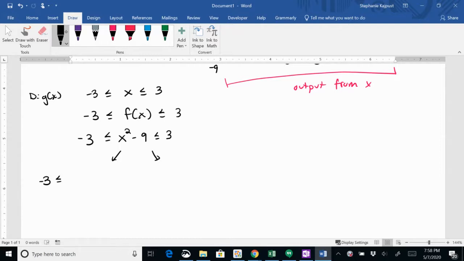You can think of this as this, and then your x squared minus 9 needs to be less than or equal to 3. So it's like you have two separate things that you're solving here. So where is our x squared minus 9 greater than or equal to negative 3, and where is it less than or equal to 3? For what values of x make that true?